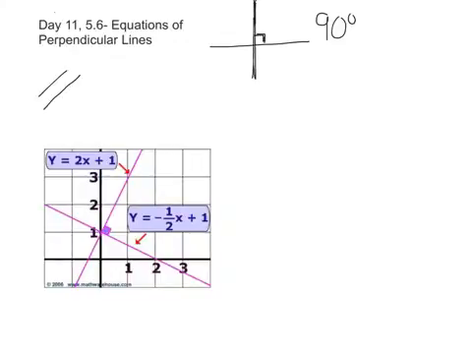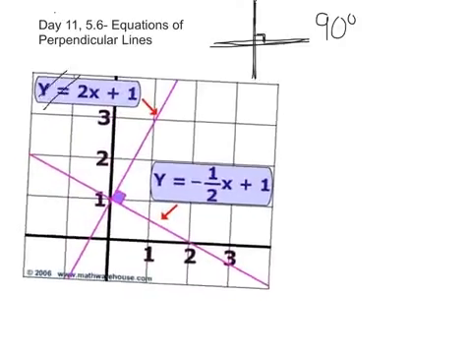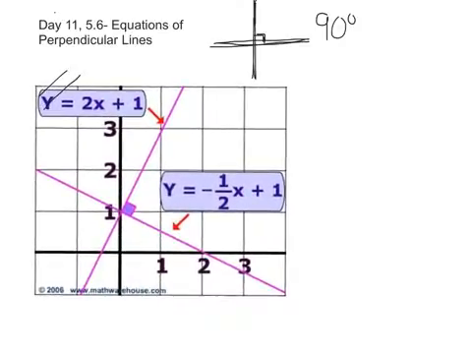So all of the walls in the room that you're in right now are perpendicular to each other, meeting at 90 degree right angles. So let's look at this picture of the graph to see what's happening on our coordinate plane when we have perpendicular lines.